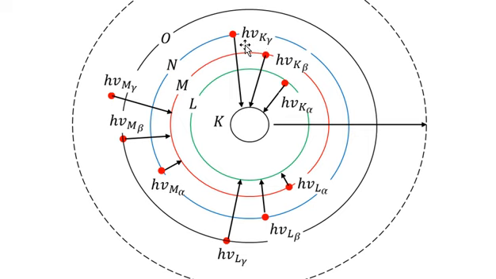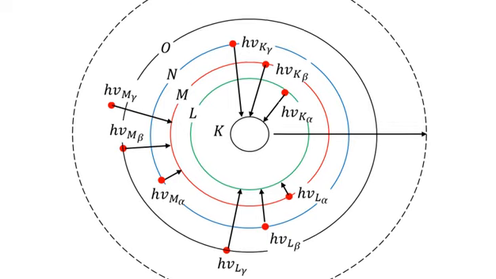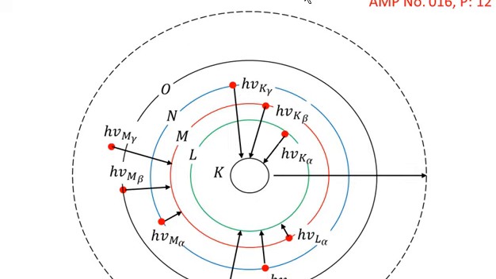Similarly, if transitions of electrons from higher levels to the K level take place, other photons of the K series will also be released: h nu K gamma, h nu K delta, and so on. So a series of transitions to fill the K shell hole will be h nu K alpha, h nu K beta, h nu K gamma, h nu K delta, and so on. This whole series will take place.